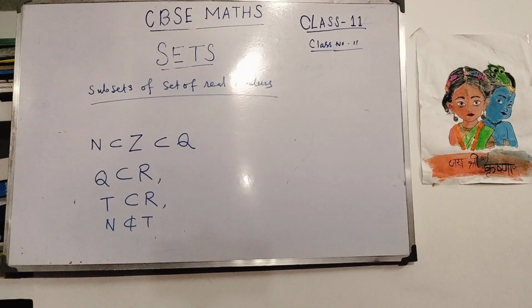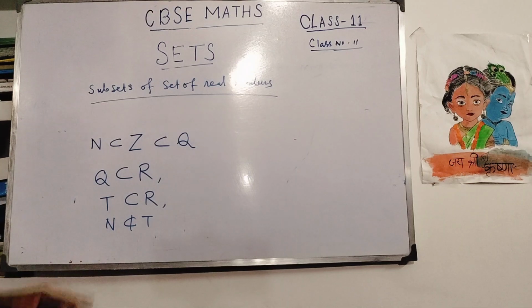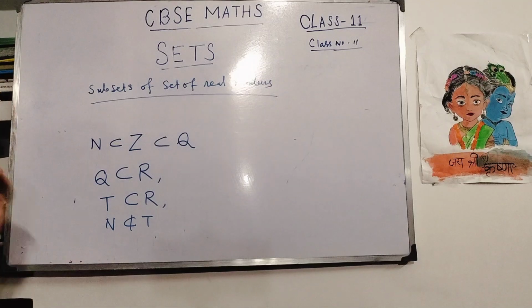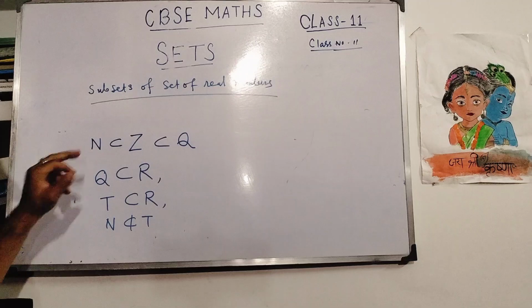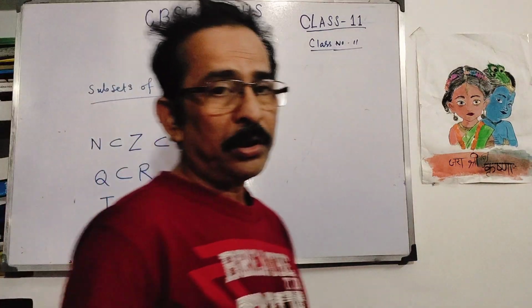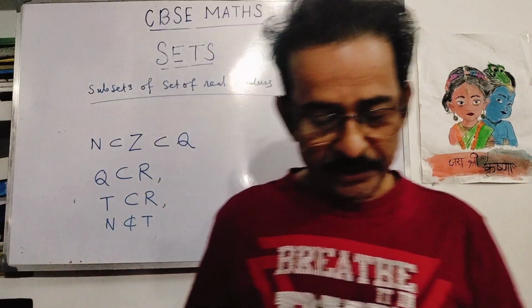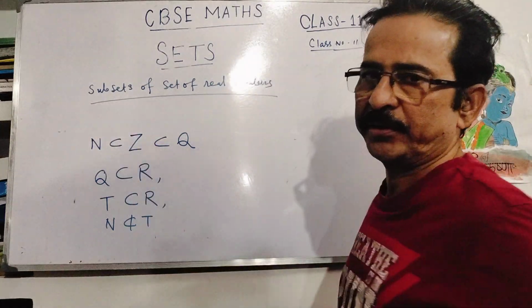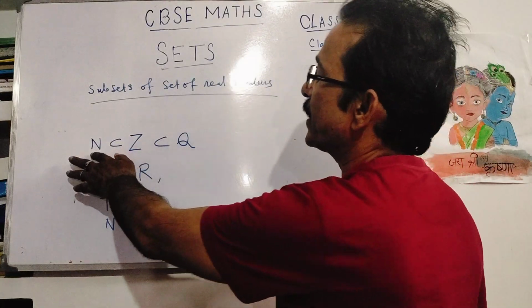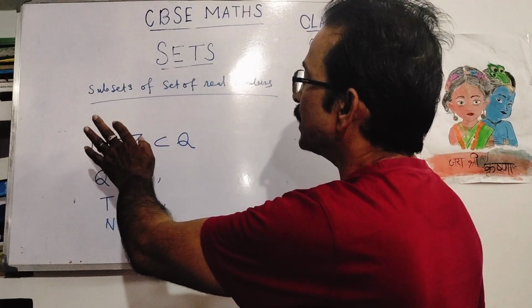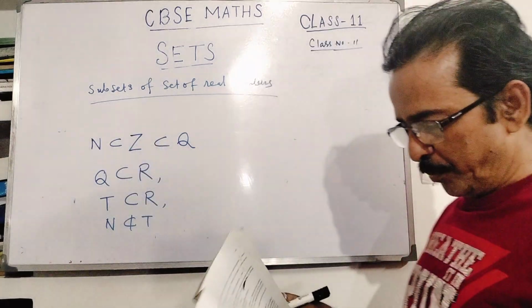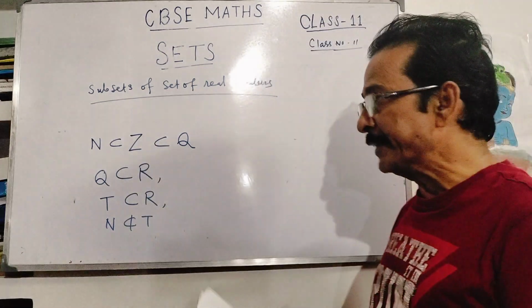Now we can summarize the subsets of real numbers in symbolic form. N means the set of all natural numbers: 1, 2, 3, 4. The set of all natural numbers is a subset of Z, where Z means the set of integers.